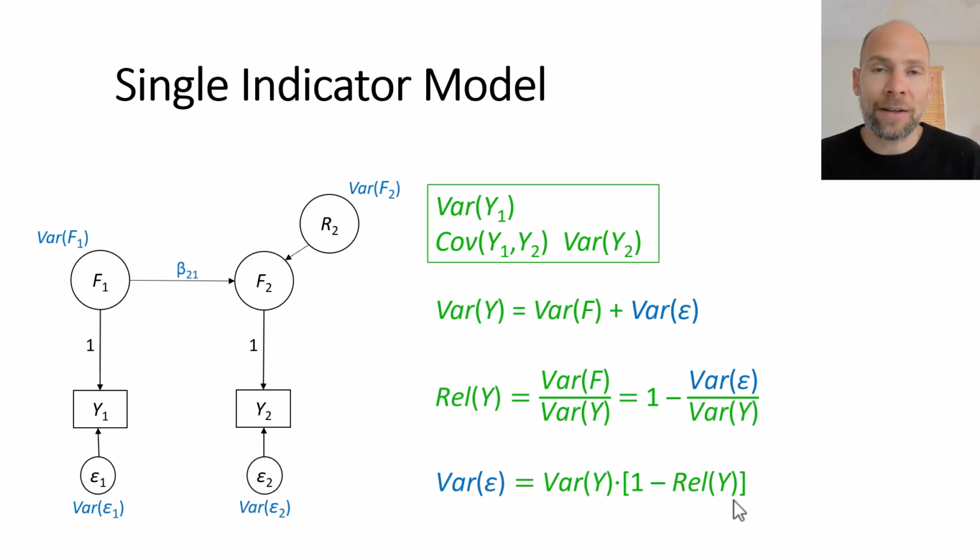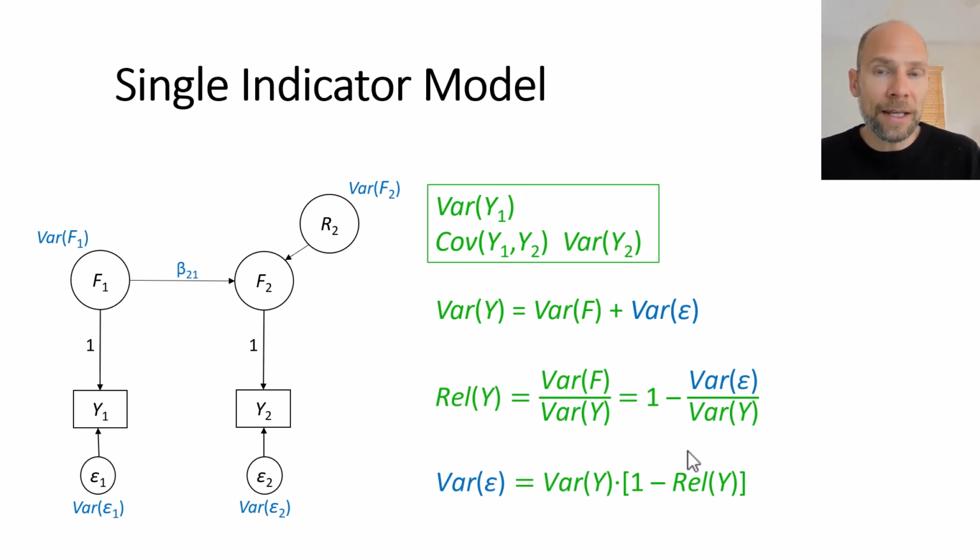And that's the trick that we're using when we are using single indicator models in CFA or SEM. In our data, we have the covariance matrix, so for each variable we have the variance, which we can calculate from our data, and then we also may have a reliability estimate that we have come up with in one way or another, and I'll talk about that in a little bit, how you would come up with that reliability estimate.